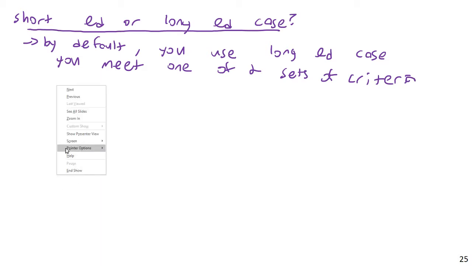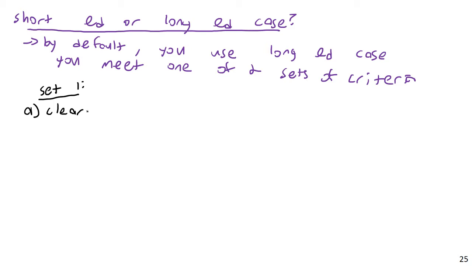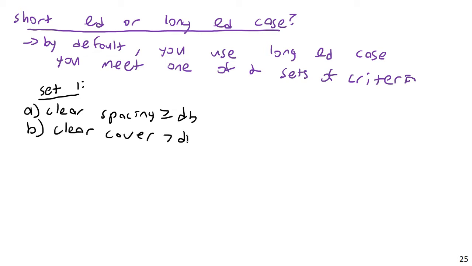The first set, and within each set, you must satisfy all of them. So for set 1: A, the clear spacing is greater than or equal to the bar diameter. B, the clear cover is greater than the bar diameter.